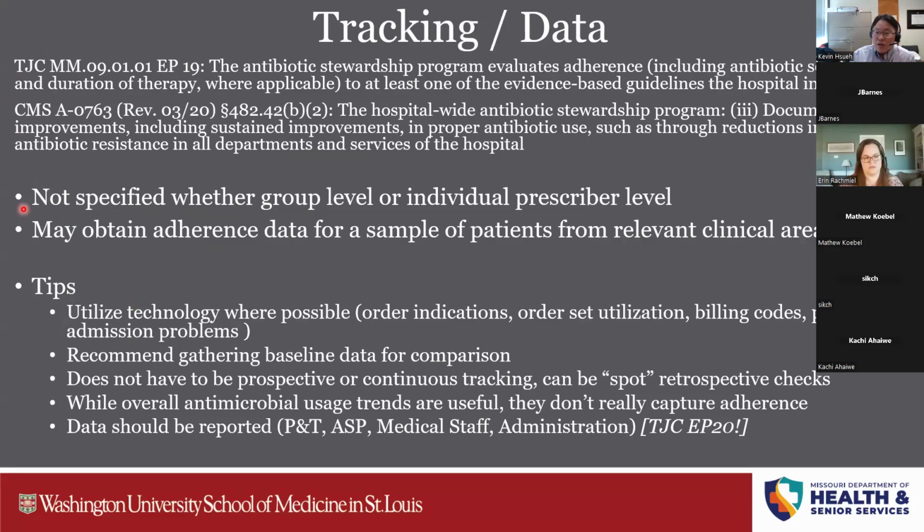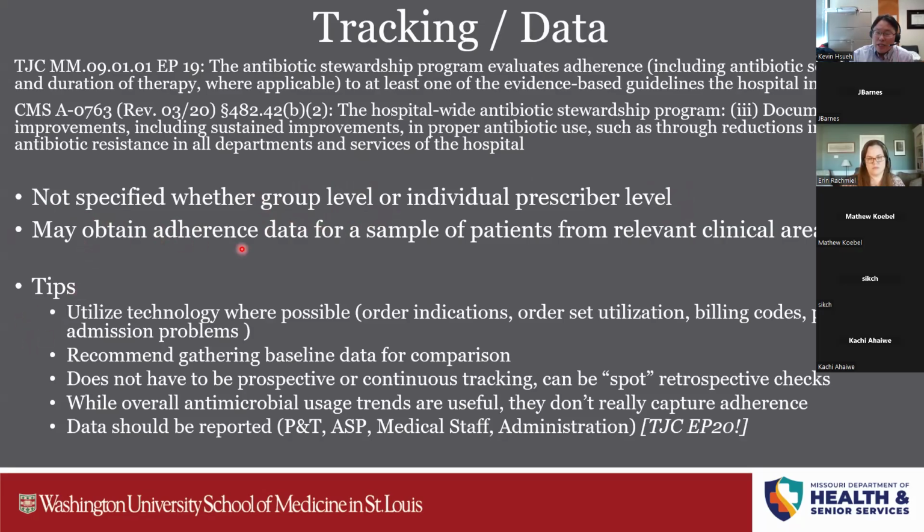Quite honestly, the goal, I think, in several years would probably be to individually track everything on a prescriber level. That is generally not feasible right now with most EMRs. So most people are just tracking things on group levels, through cohort analysis, basically. What you're gonna probably want to do is do spot checks.